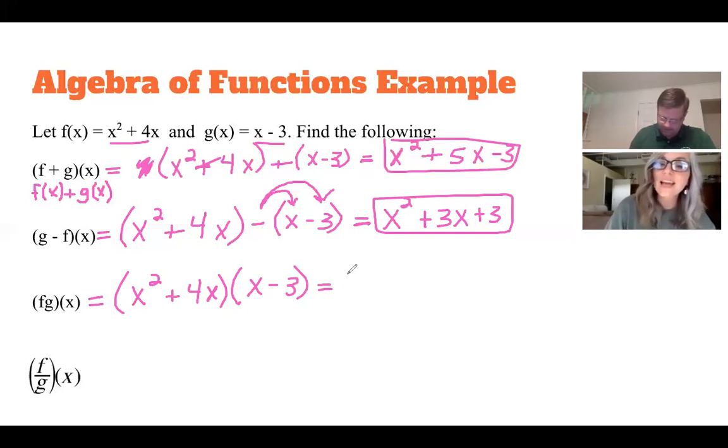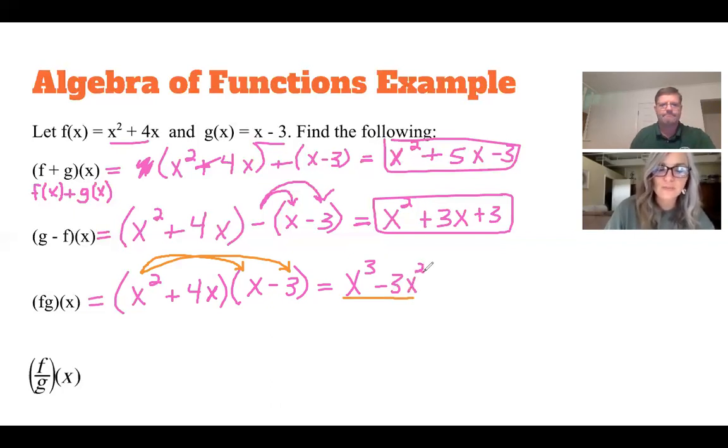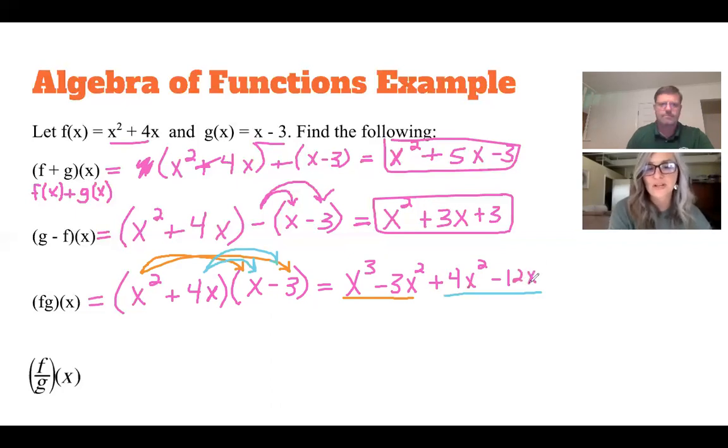So what he's saying is you have to distribute x squared to the x and x squared to the -3, which is this first part that he's writing right now. And then you have to distribute 4x to the x, and you're going to get 4x squared, and then 4x to the -3, and that's going to get you your -12x portion, right?